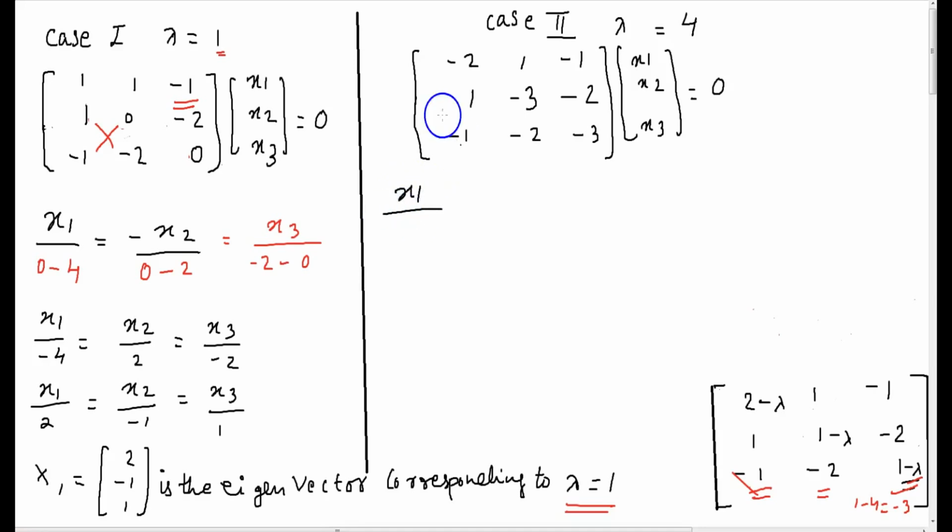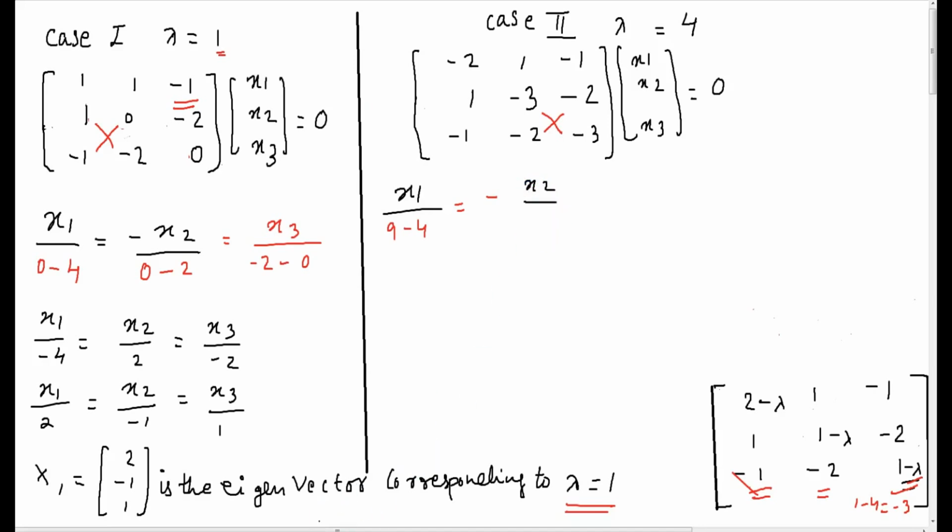Minor of a11. Here minor of a11 is -3 -2 -2 -3, and cross multiplying we get 9 -4 equal to -x2 by minor of a12.